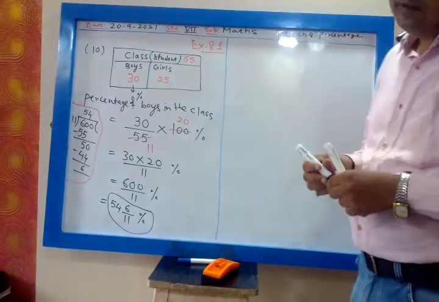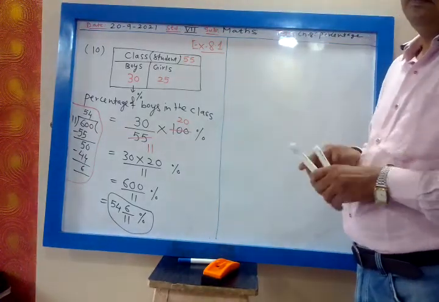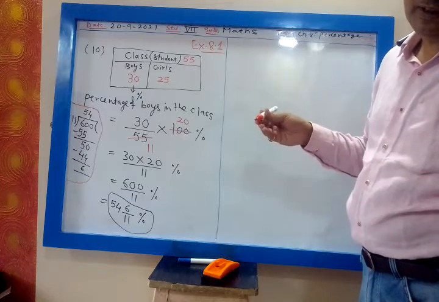Now the 11th question will be completely homework. We have done the 11th one: 3 and 2 upon 5 as percentage.